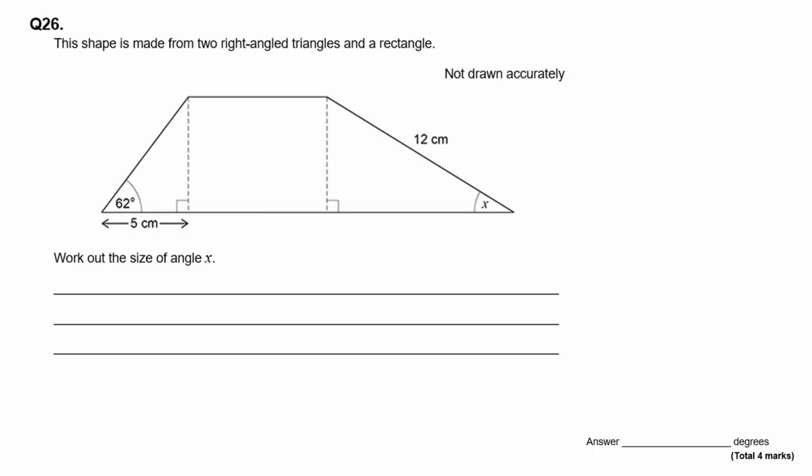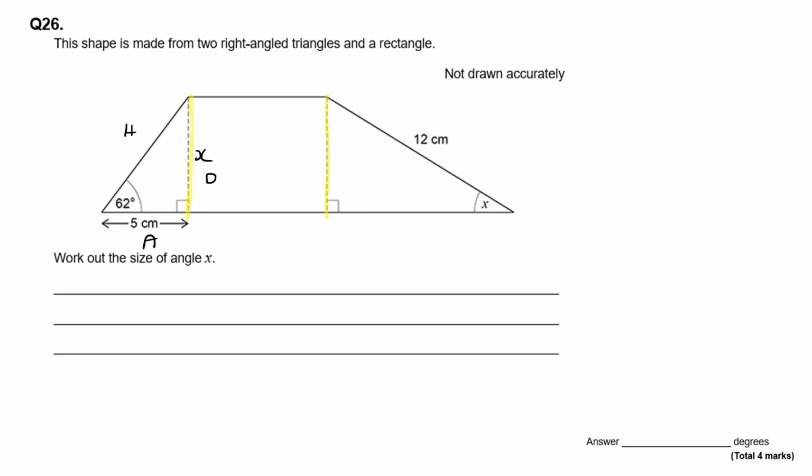Question 26. This shape is made from 2 right-angled triangles and a rectangle. Work out the size of angle x. When looking at the shape, we should recognize that if we knew what this length was, the highlighted section, we would be able to just use SOHCAHTOA. So in that case, what we could do is we could use this side and find out, if I call this x, find out x. So if this is the angle, this is opposite, this is adjacent, and this is hypotenuse.